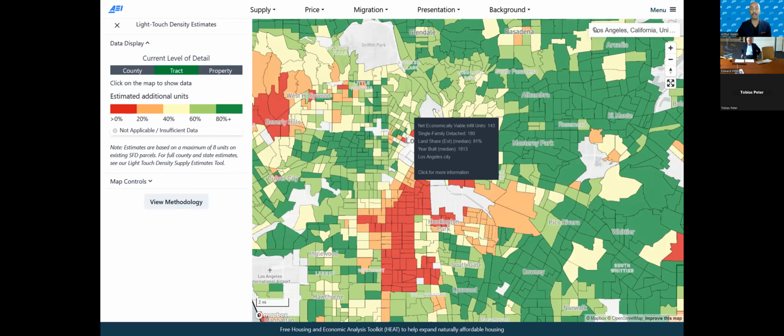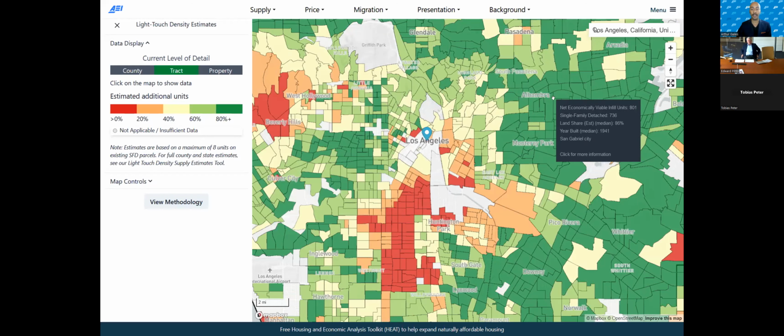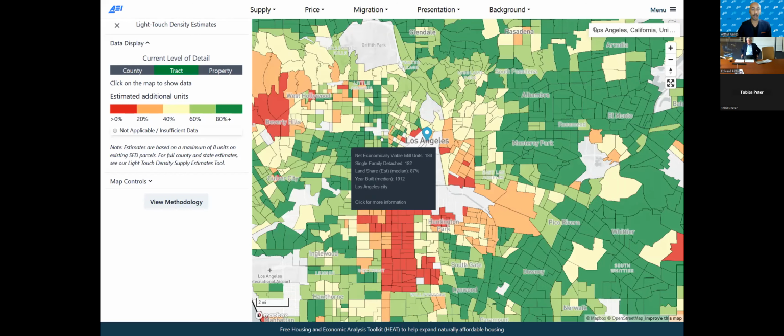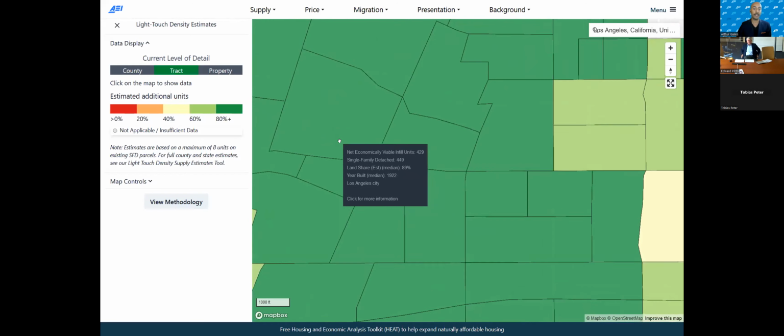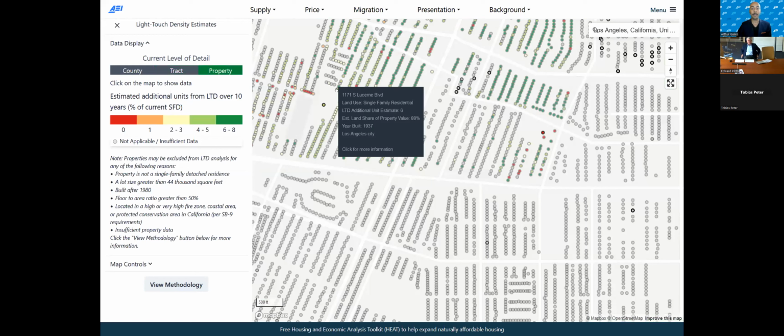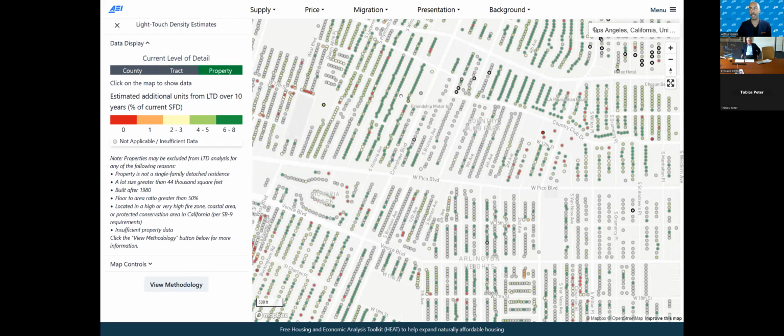And you can see here we have this mapped both at the census tract around the country, and if we zoom in further, we can see this property by property in any area throughout the country, which is really useful.